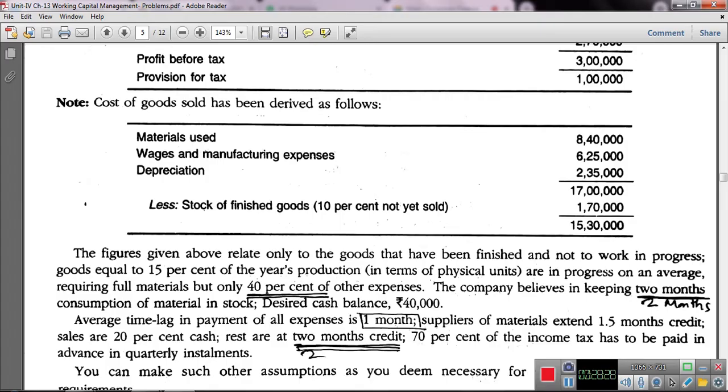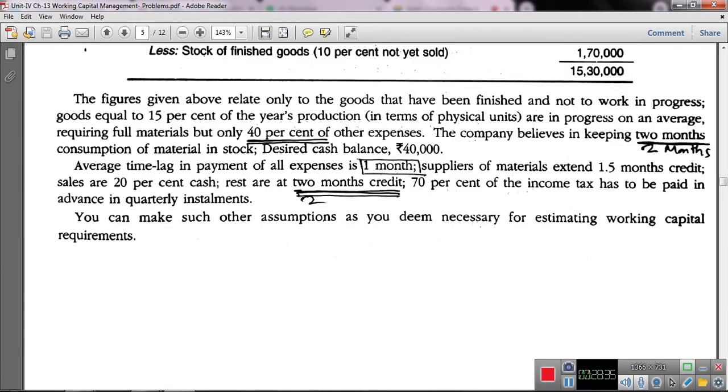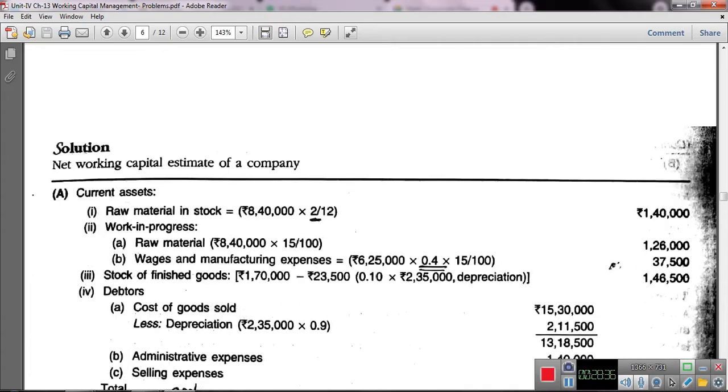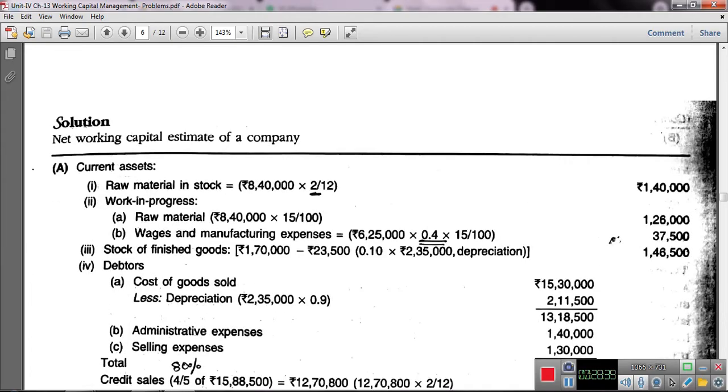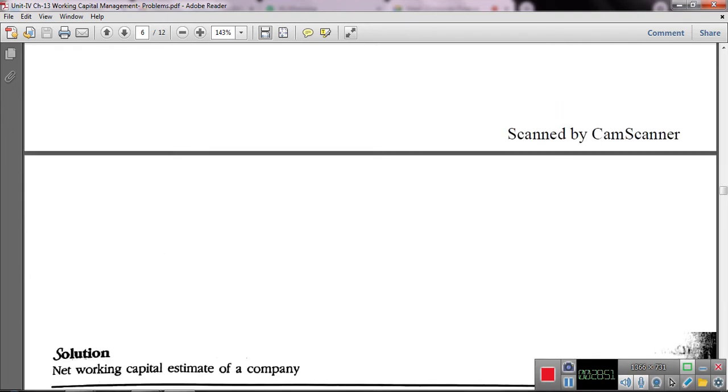We need to deduct this to estimate the amount required to invest in stock of finished goods, and that is what is shown here. So stock of finished goods is 1,70,000 as given in the problem minus 23,500. What is this 23,500? 10% depreciation.